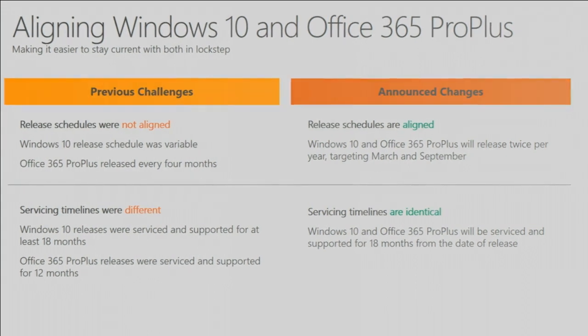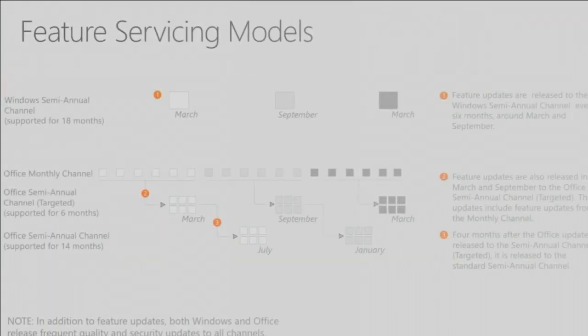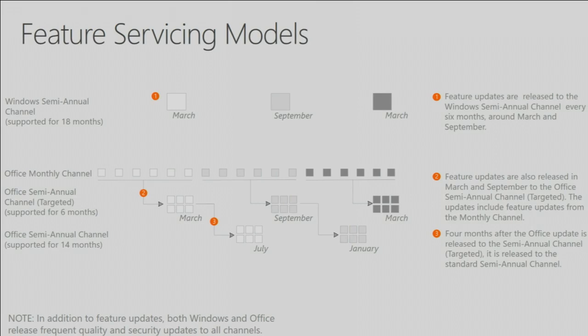I'll go to this slide that depicts the 2 different models: you've got the March and September time frame as we release our Windows product, and below that in line, you see us releasing in March and September our Office semi-annual targeted channel.